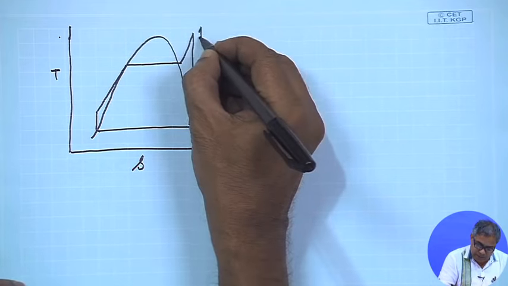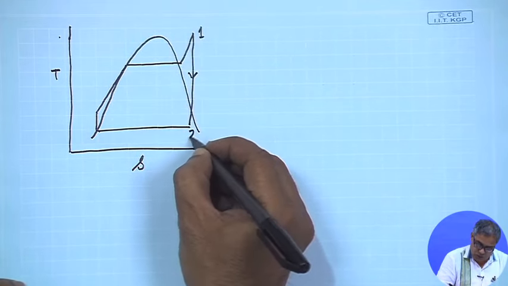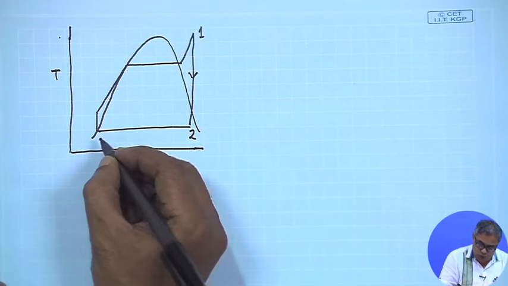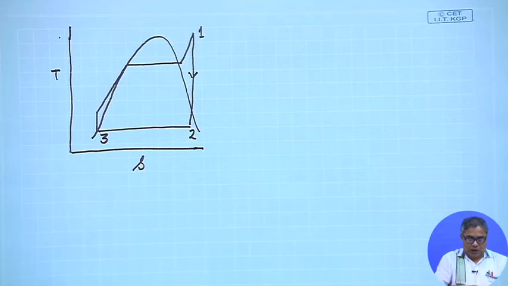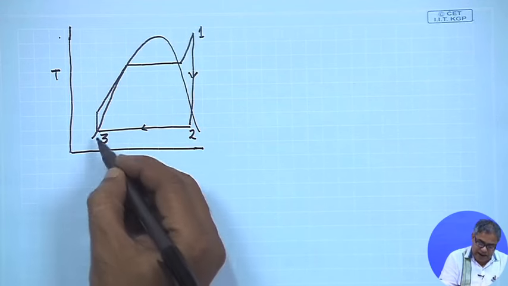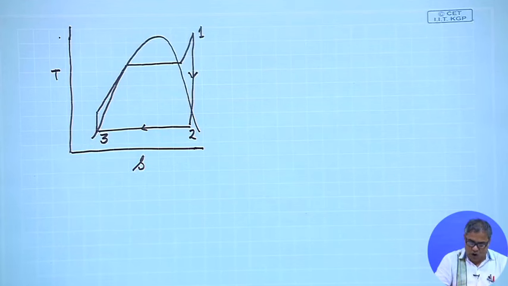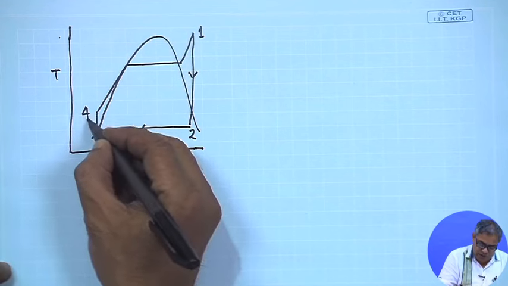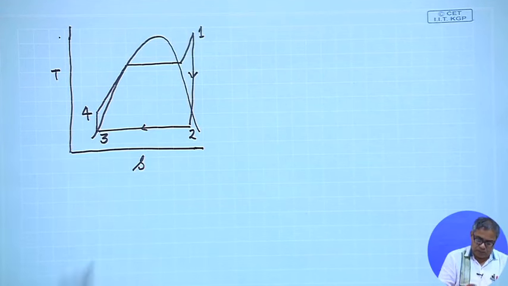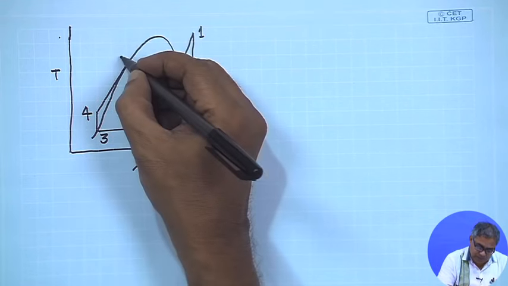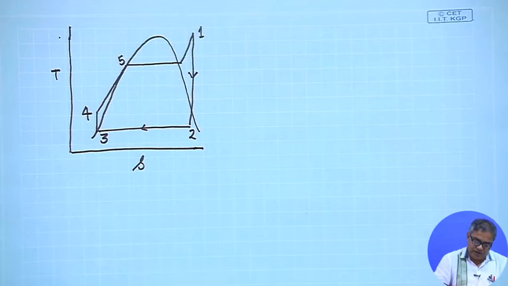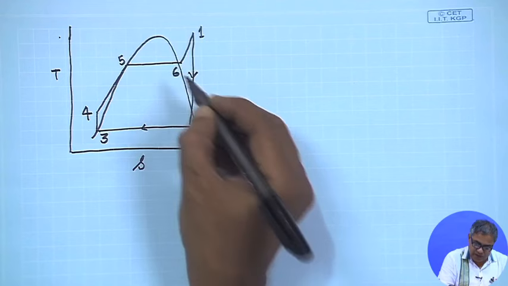So, 1 to 2 is the turbine, 2 to 3 is within the condenser, where it is condensed and goes to the saturated liquid condition. 3 to 4 is the pump, where there is an increase in pressure. 4 to 5, temperature is increased for the liquid water. 5 to 6 is the evaporation process.